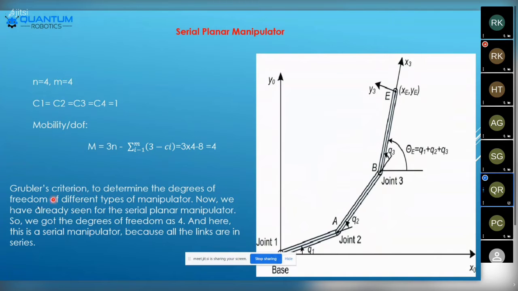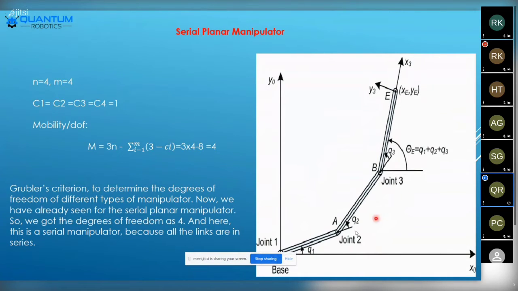Now we have already seen the serial planar manipulator, so we got the degrees of freedom as 4. Okay, now you have seen here, 4 degrees of freedom, and this is a serial manipulator because all the links are in serial condition.